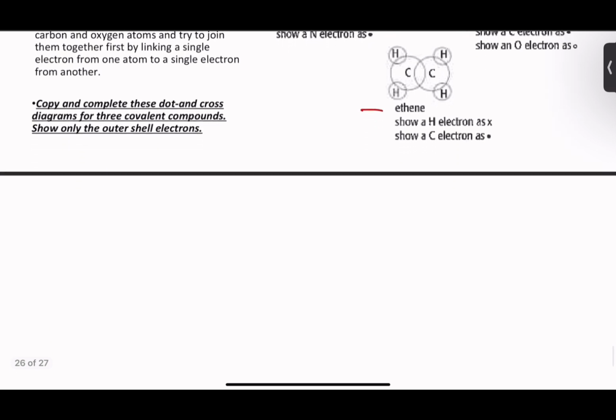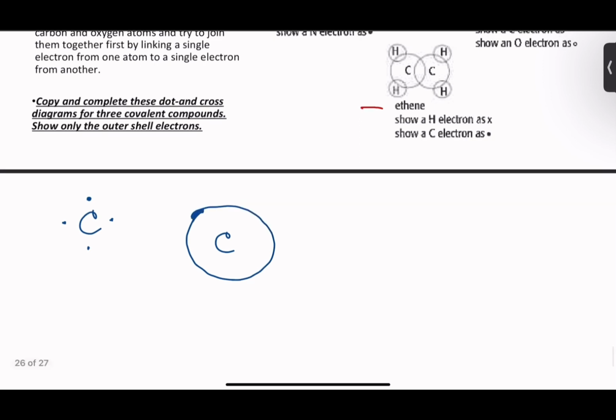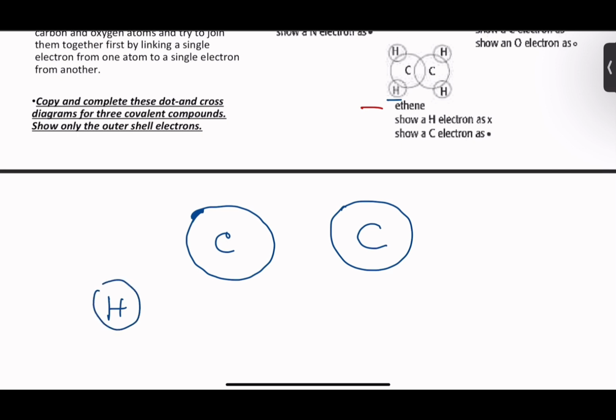So carbon, we said that it has 4 electrons in the last shell, right? So we will draw carbon with the last shell, and then we have another carbon with the last shell, and then I have hydrogen. Hydrogen, we know, has only 1 electron.